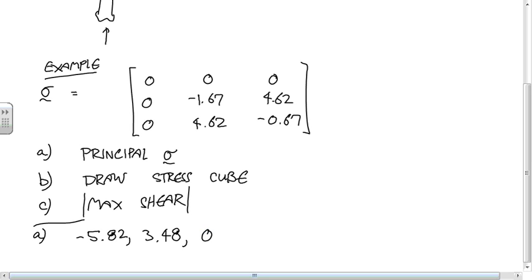And you would get that by calculating the determinant of negative lambda, 0, 0, 0, negative 1.67 minus lambda, 4.62, 0, 4.62, negative 0.67 minus lambda.